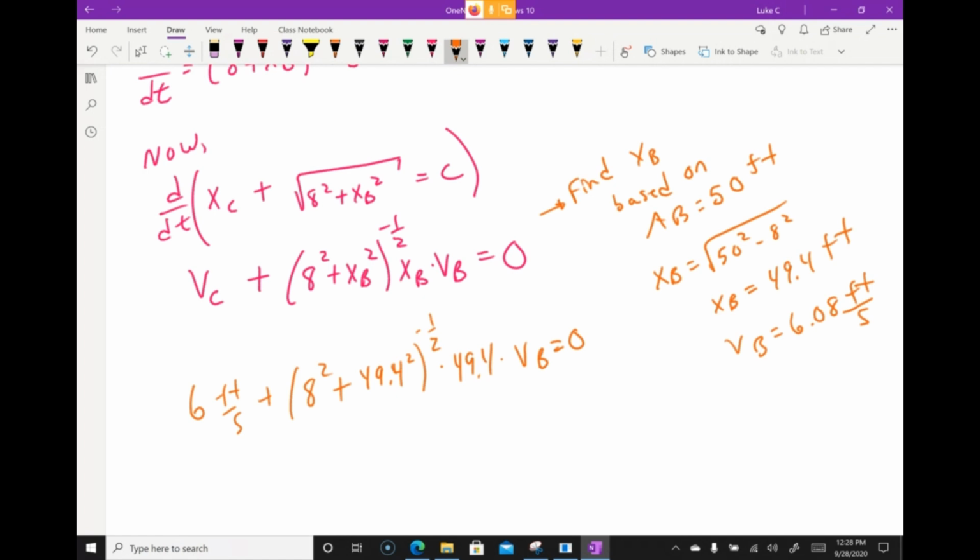Got it. You get it? And it comes out actually negative, right? Yeah, because it's going the opposite direction. Other questions on this one?